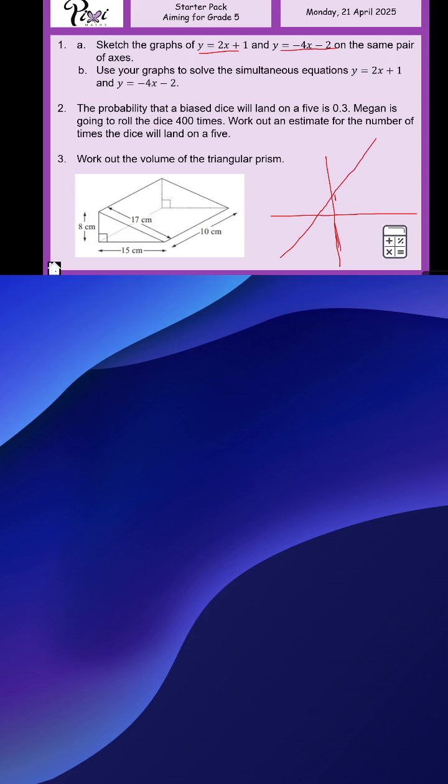It crosses the y-axis at 1, and then crosses the x-axis at minus a half. y equals minus 4x minus 2 is going to be a bit steeper, like that. It crosses the y-axis at minus 2, and it also crosses the x-axis at minus a half.